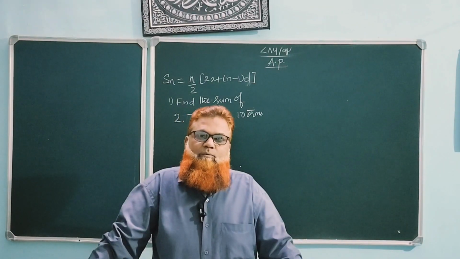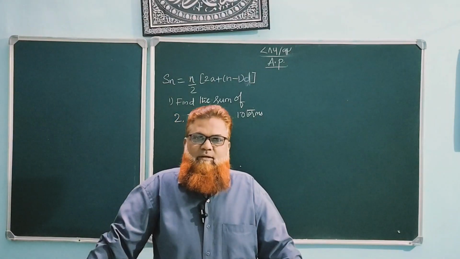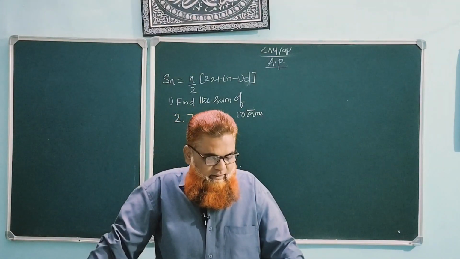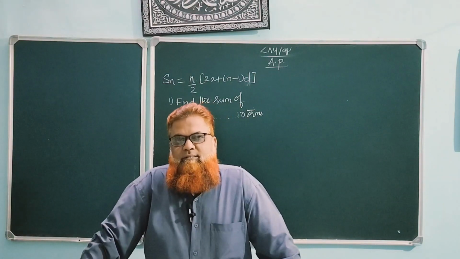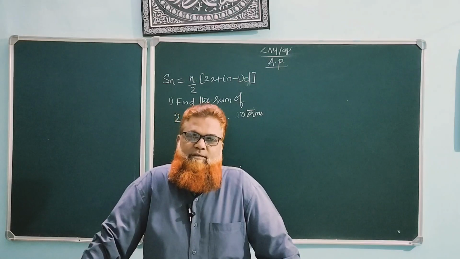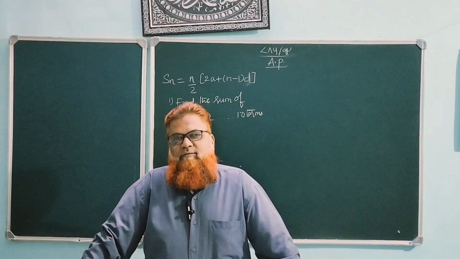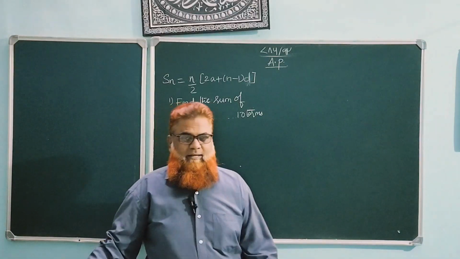Today I am once again before you, taking some more topics and some more examples for your curiosity. In my previous video I discussed in detail the sum to n terms of an arithmetic progression, whose first term is a, common difference is d, and total number of terms is n.